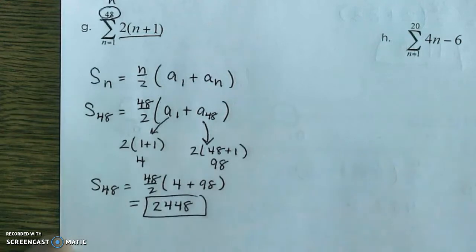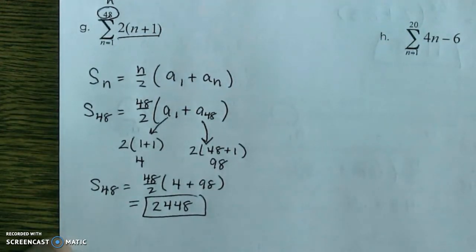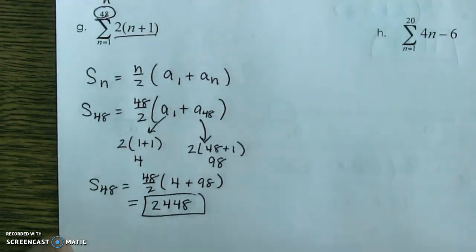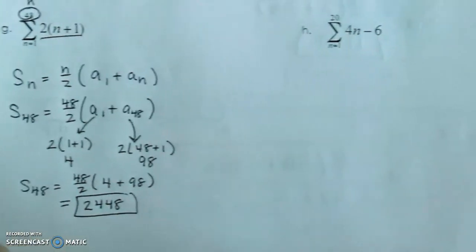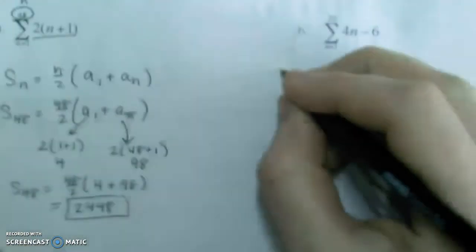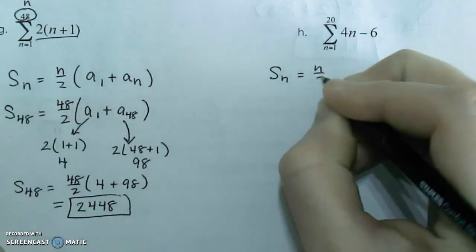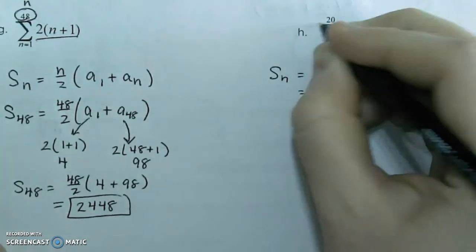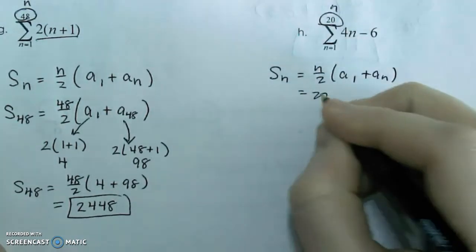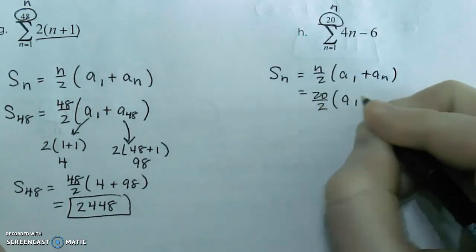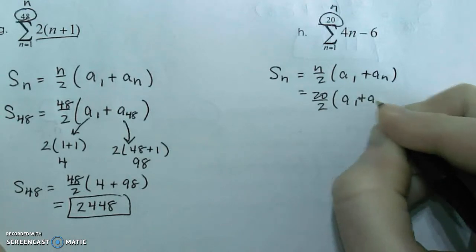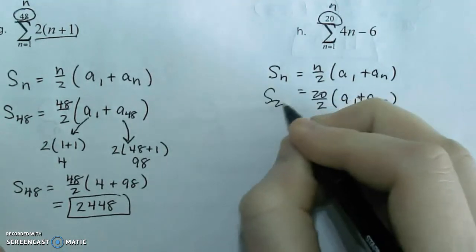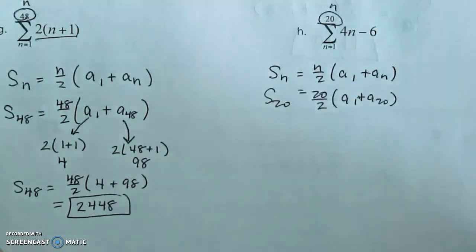If you want to try the next one on your own before I do it, go ahead and pause the video now. But over here, so we have S sub n over 2 times A sub 1 plus A sub n. My n is 20, so we fill that in. So that means I need to find my A sub 1 and my A sub 20.